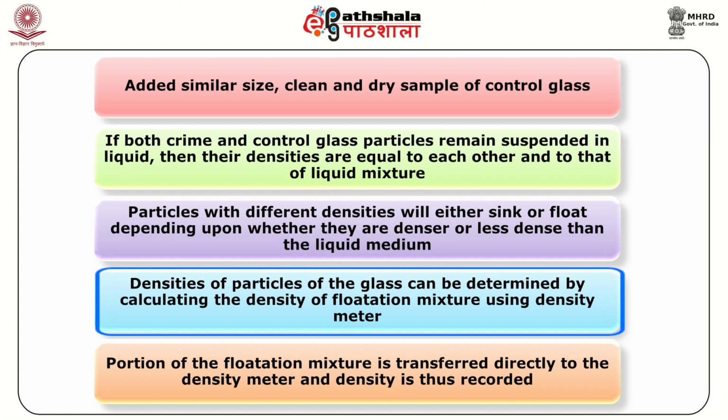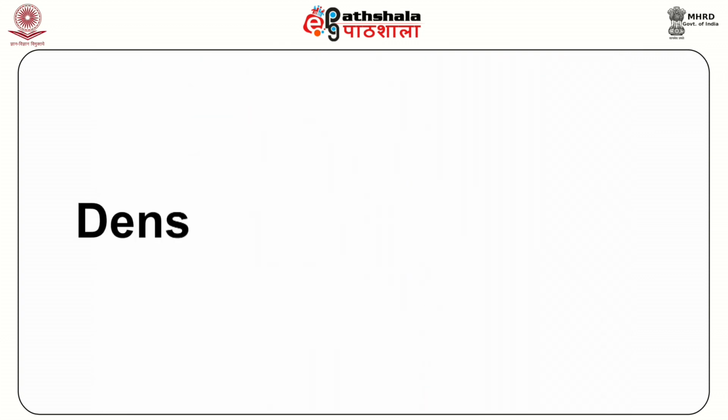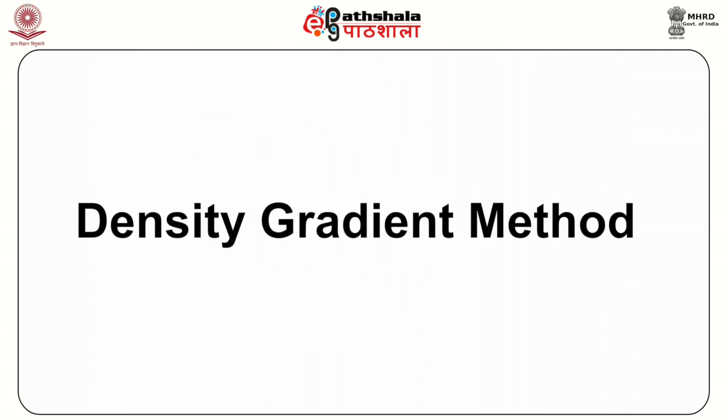The densities of the particles of the glass can be determined by calculating the density of the flotation mixture using a density meter. A portion of the flotation mixture is transferred directly to the density meter and the density is thus recorded.